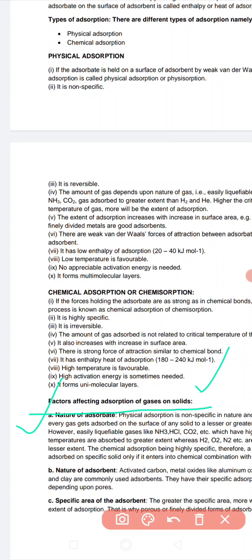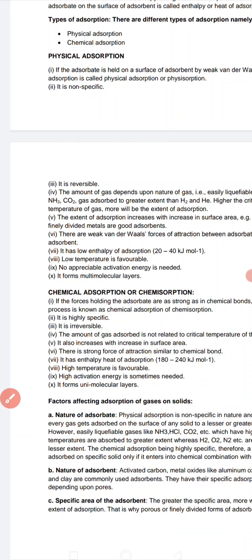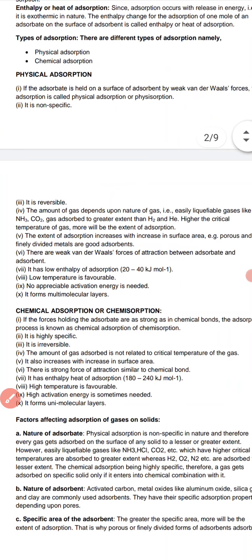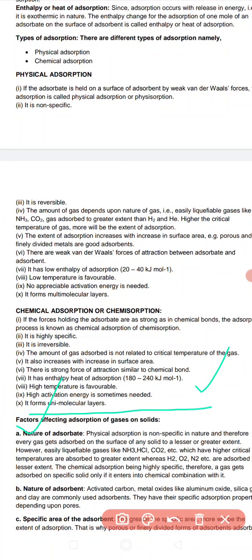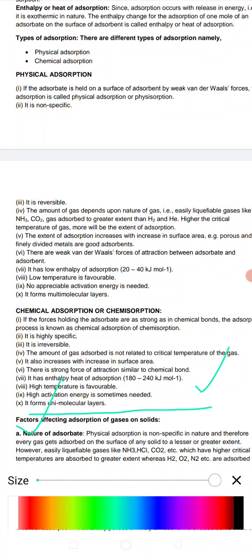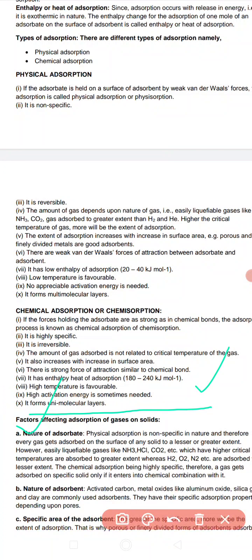The first factor is the nature of the adsorbate. Physical adsorption is non-specific in nature, and therefore every gas gets adsorbed on the surface of any solid or liquid, to a much lesser or greater extent.